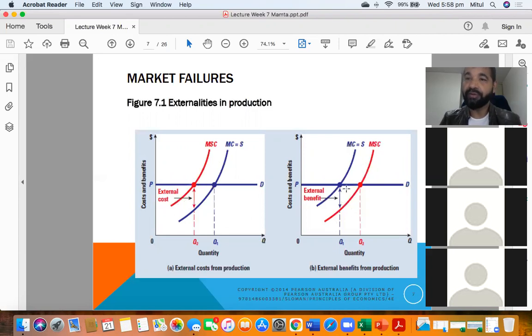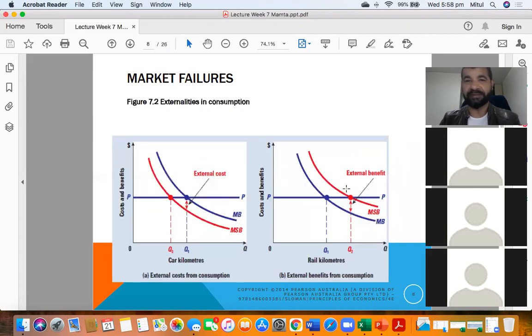Now we'll show you from the demand perspective, the consumer's perspective. So here you see this is your external cost, demand curve. Demand will be less, and when demand is less, the demand curve shifts to the left. Right? Yes. Something is positive.